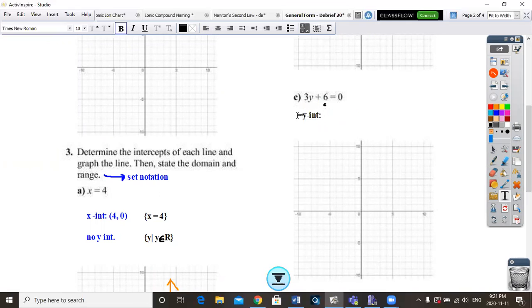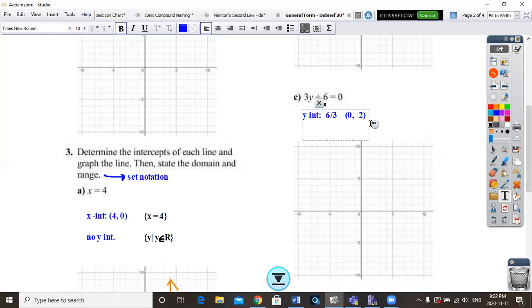So the y-intercept is going to equal -6 divided by 3, which will give us a y-intercept of (0, -2).